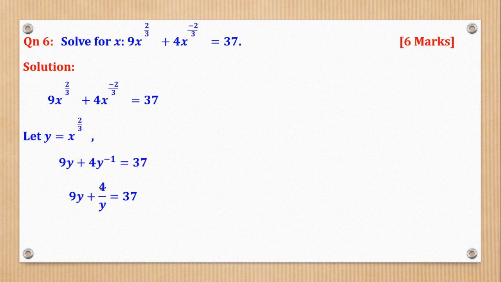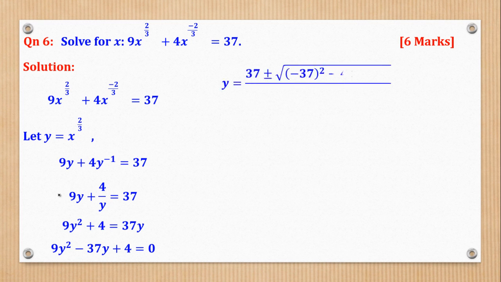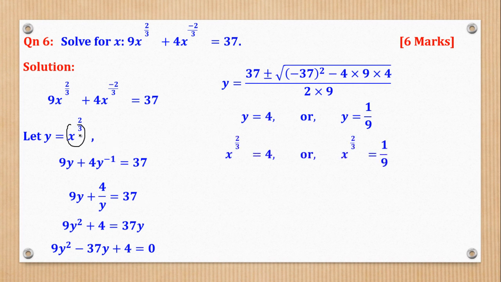Then we shall multiply by y and rearrange to get a quadratic. Then we shall use quadratic formula to get the two values of y. For each value of y, we have the corresponding, but we know that y is equal to this, so replace y with that, replace y with this. Then get the value of x.